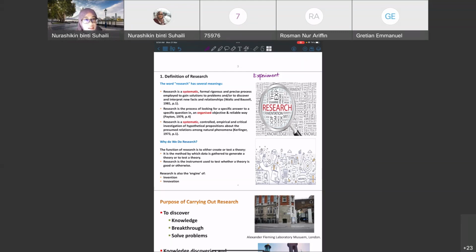Okay, now you are doing FYP kan? FYP nanti, final year project. Is it a research or is it a project? Is it a research or is it an experiment? I think both, doctor.